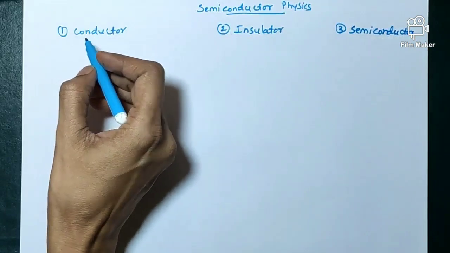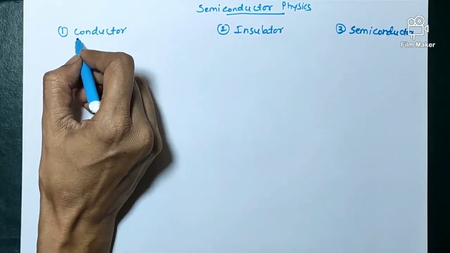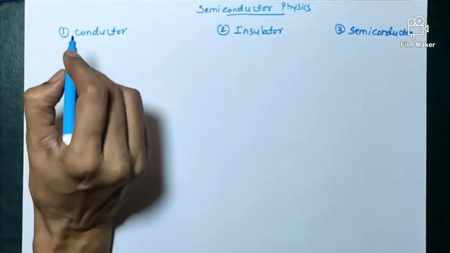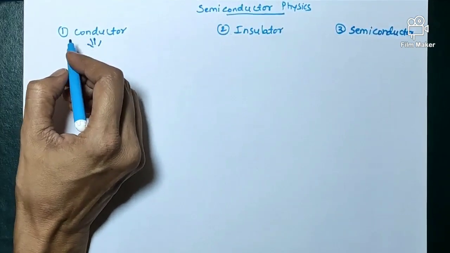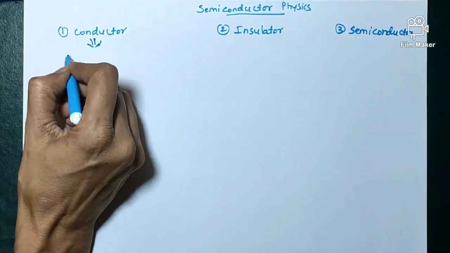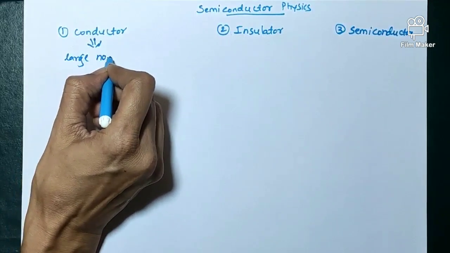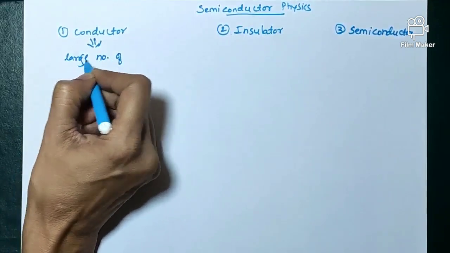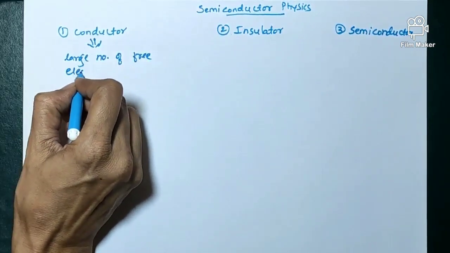So in a conductor, they easily conduct the current. This means there are a large number of free electrons available.